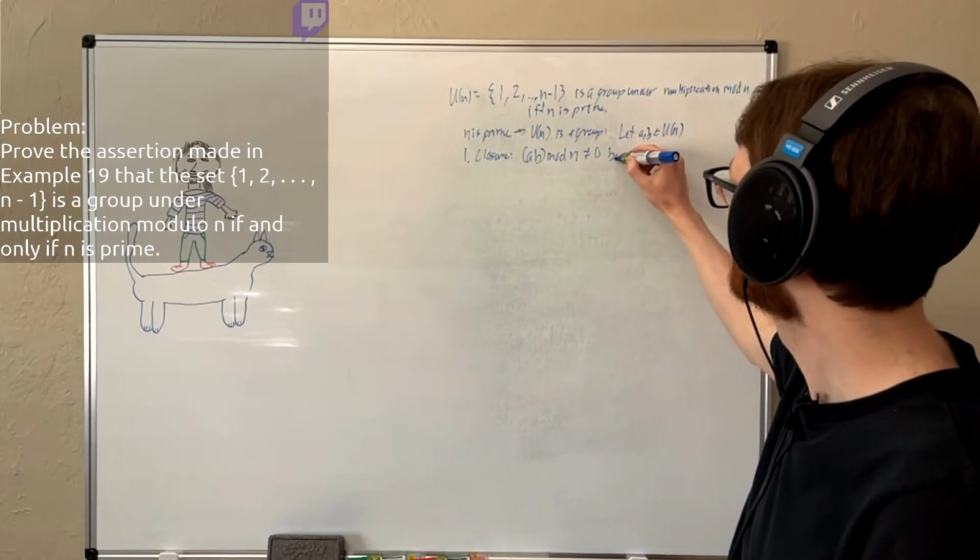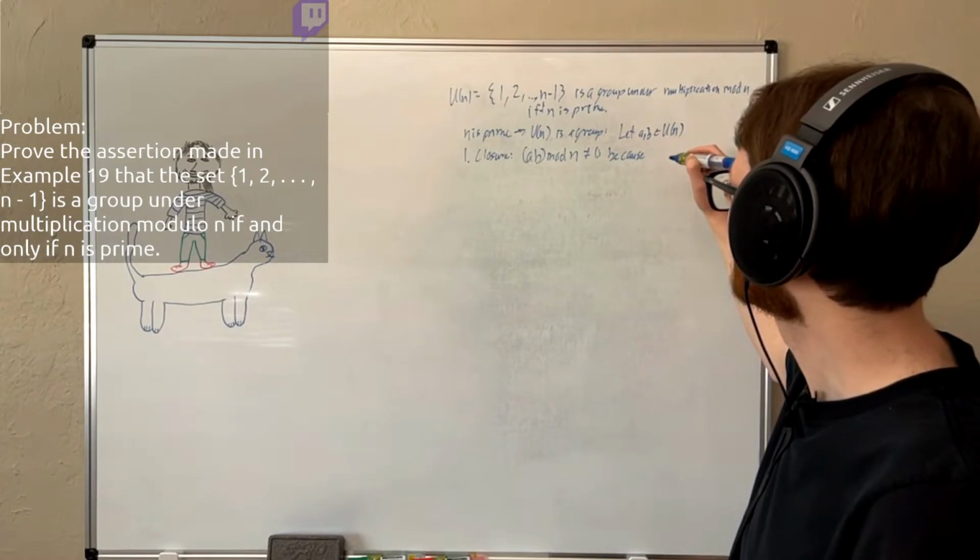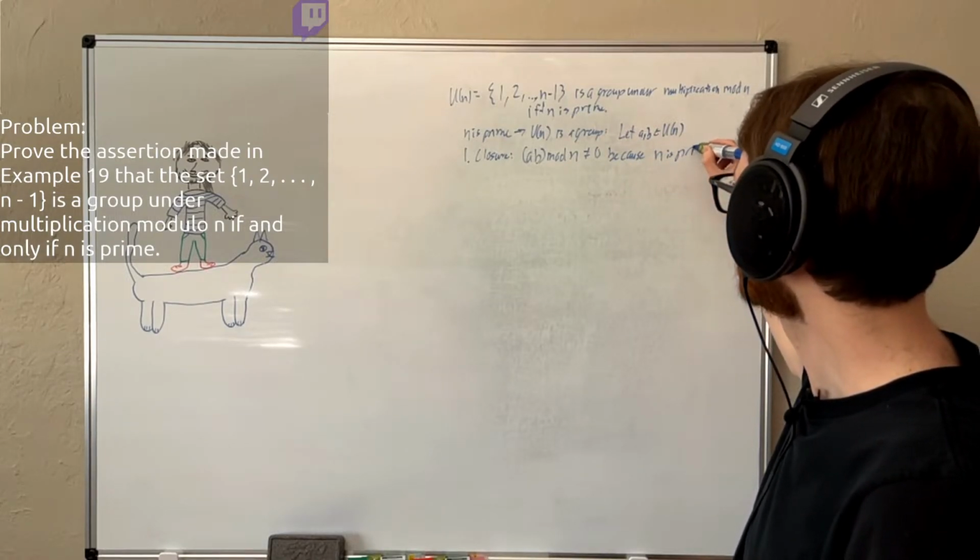It's not equal to 0 because n is prime. I feel like that's all the justification that we need for that one.